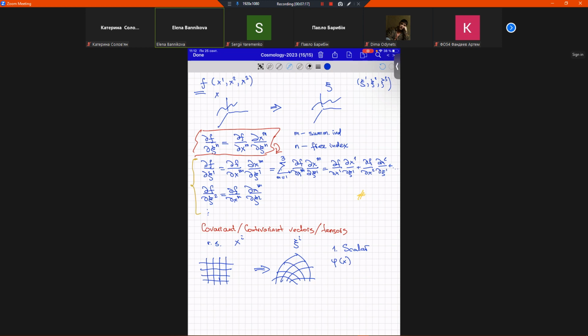And for example, this is some point, okay? And in principle, we can consider this phi doesn't depend on coordinate xi. So this is some scalar function.